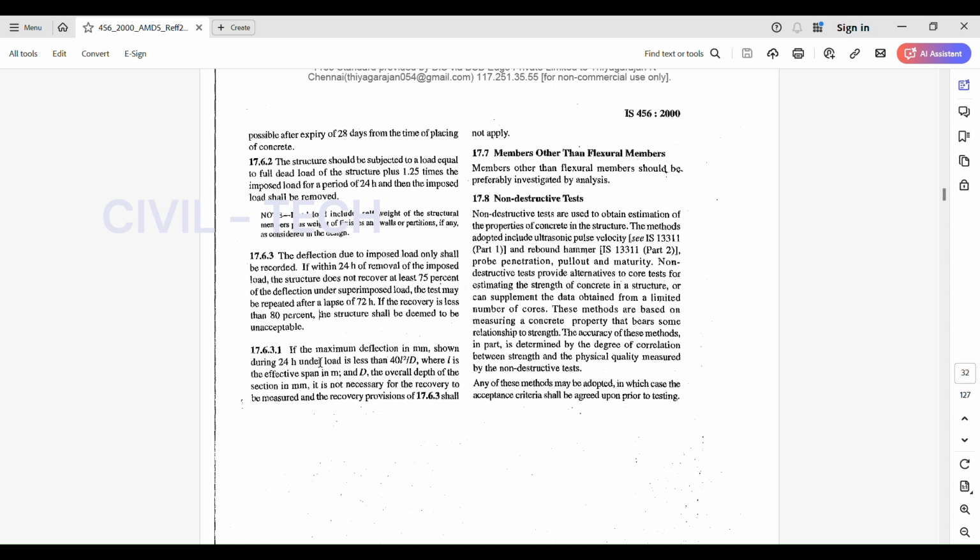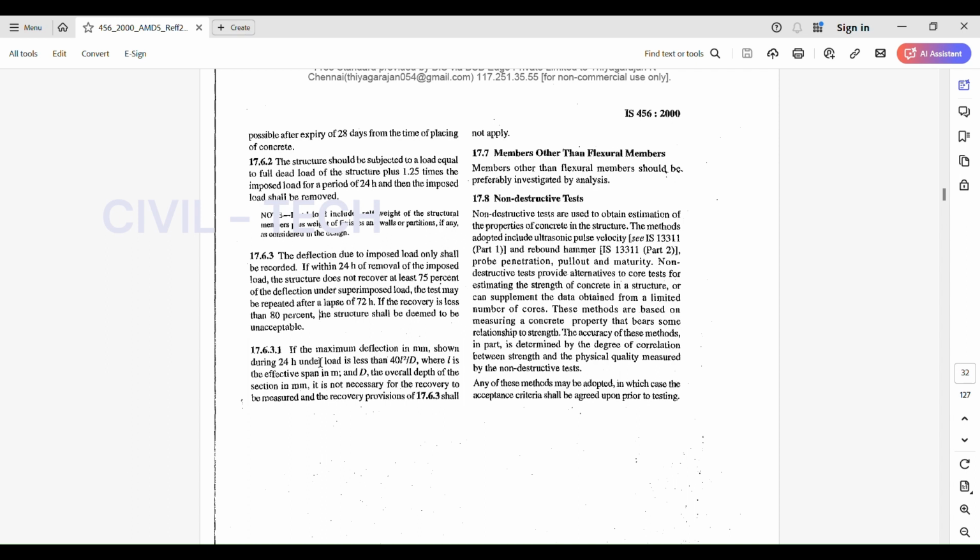At each 1 hour interval, the deflection in mm needs to be checked, and after 24 hours the imposed load needs to be removed from the slab and the deflection should be recorded at the same location.